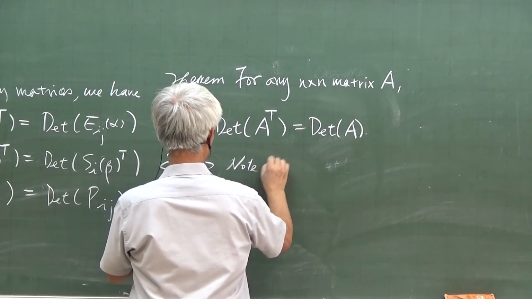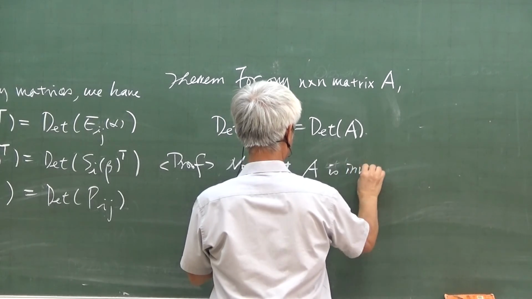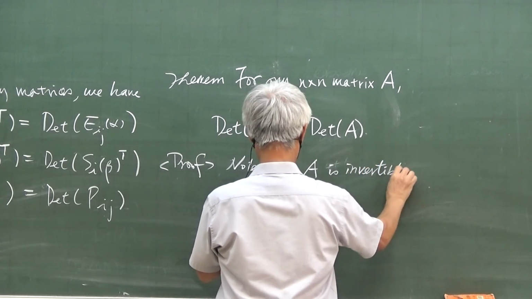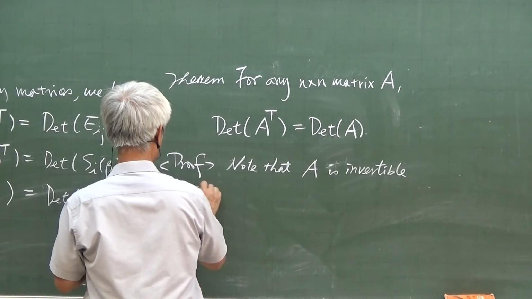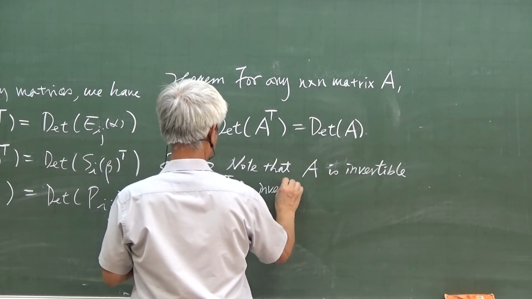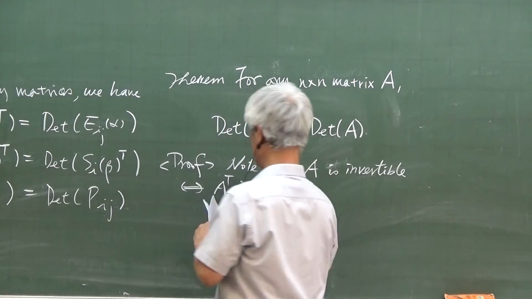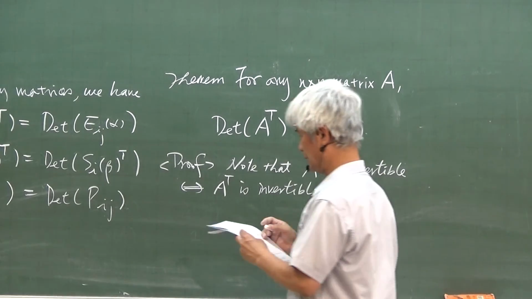First, note that A is invertible if and only if A transpose is invertible. This is a result, I think it's in chapter 3.